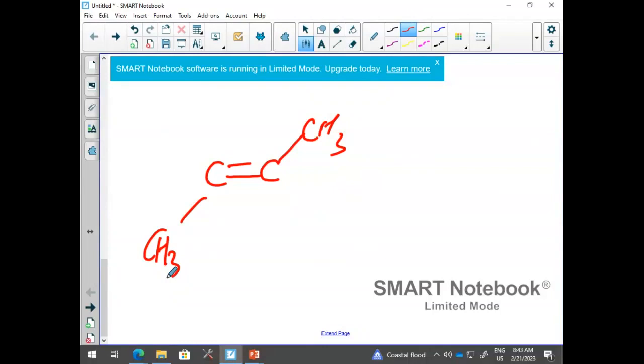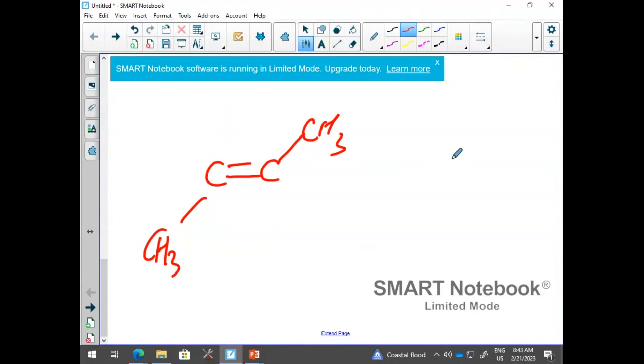In this case, the two double-bonded carbons are exactly the same, so this CC double bond will be completely non-polar. So you will not be able to see the infrared absorption peak of this CC double bond stretching.